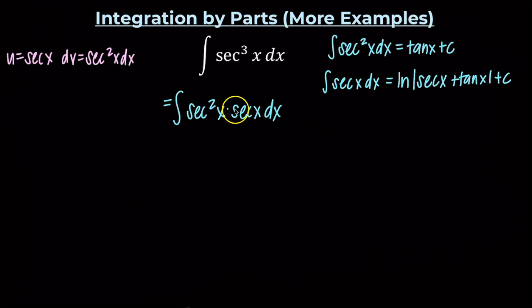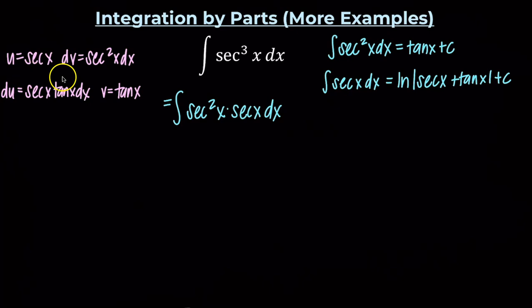Now, why did we do that? Keep in mind, we have to integrate secant squared x. And we just said over here, the integral of secant squared was really nice. It was just tangent. And then we differentiate secant x. So here, du, derivative of secant, is secant x tangent x dx. And again, the integral of secant squared x, so v, is just tangent x.